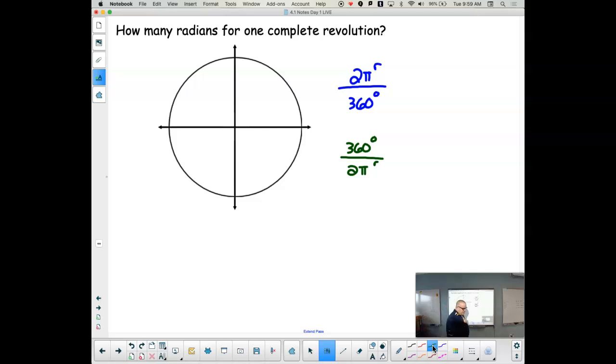Can we do anything with that fraction? Might be helpful for us. Anyway, what if I just selectively covered up the pi? Can we do anything with that fraction now?